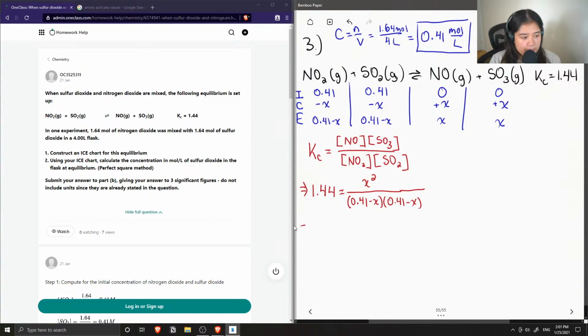Okay, so now we just need to simplify this expression and solve for our unknown. So when we multiply the brackets like this, we multiply the first two, so 0.41 times 0.41, you get 0.1681.